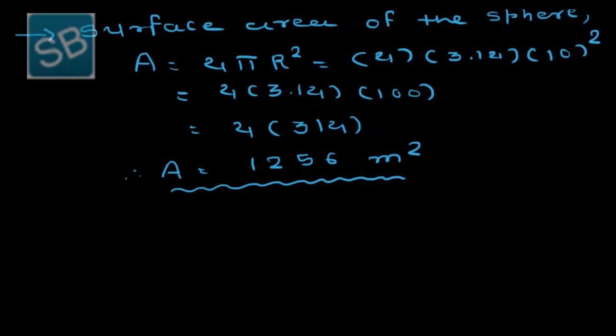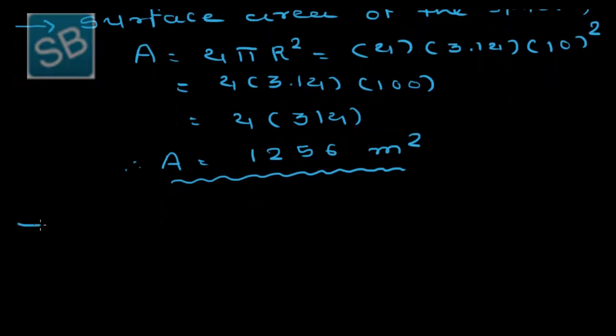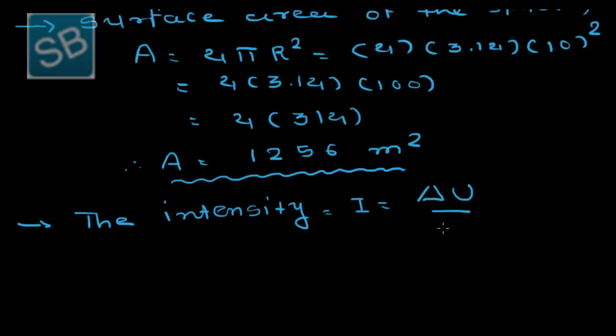Now, from this surface area and the energy radiated per second, the intensity I is the energy radiated per unit second per unit area, that is equal to 25 divided by 1256.